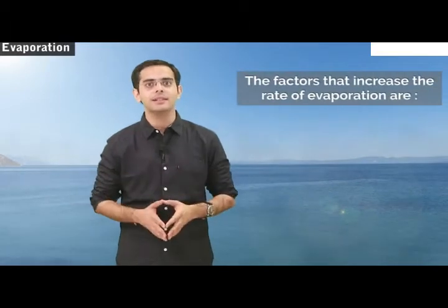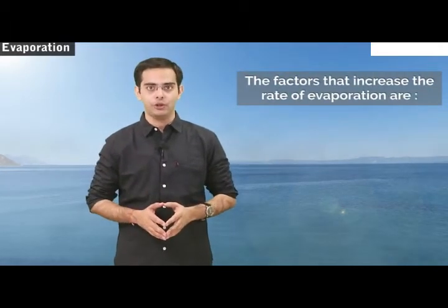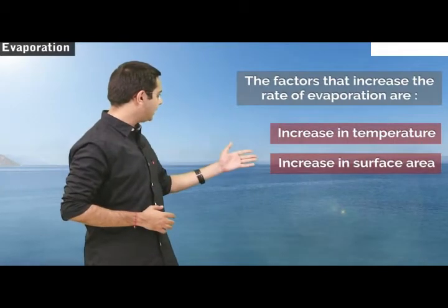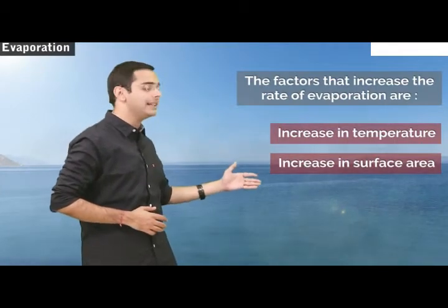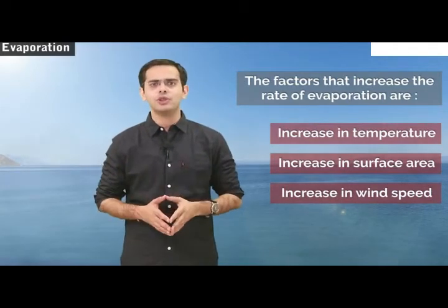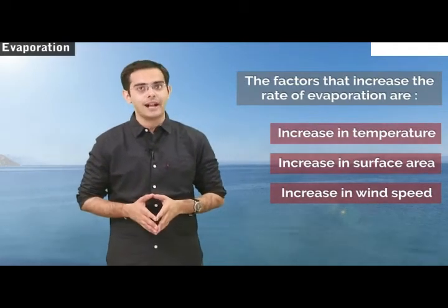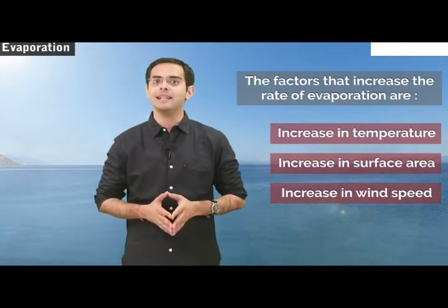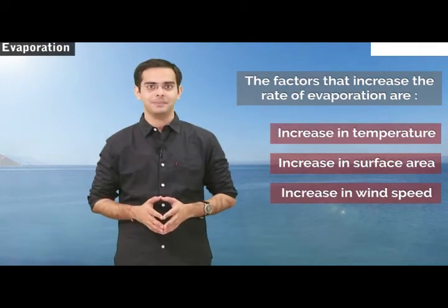And the factors that increase the rate of evaporation are increase in temperature, increase in surface area, and finally increase in wind speed. Now detailed explanation as to how each of these factors affect the rate of evaporation will be discussed later in your higher classes.